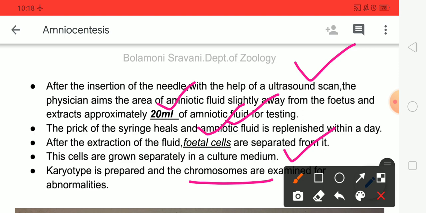First we insert a needle into the amniotic fluid and extract 20 ml of amniotic fluid, and the prick of the syringe heals within a day and the amniotic fluid is regained by the mother. After the extraction of the fluid, the fetal cells are separated from the fluid, and these separated fetal cells are grown separately in the culture medium, and the karyotype is prepared and the chromosomes are examined for abnormalities.